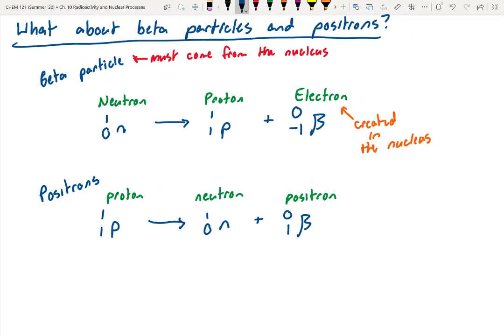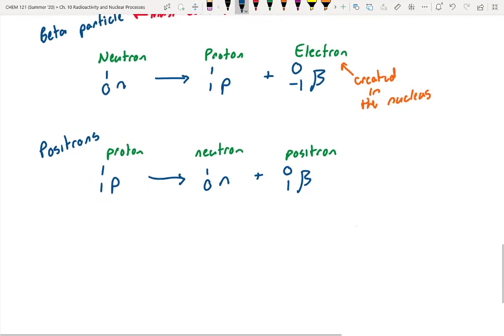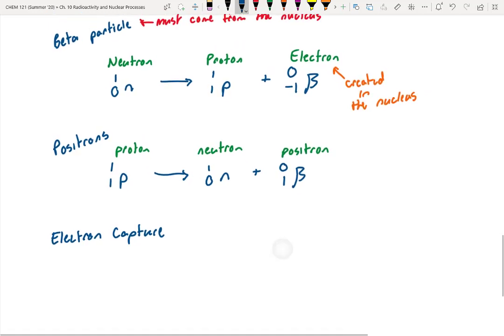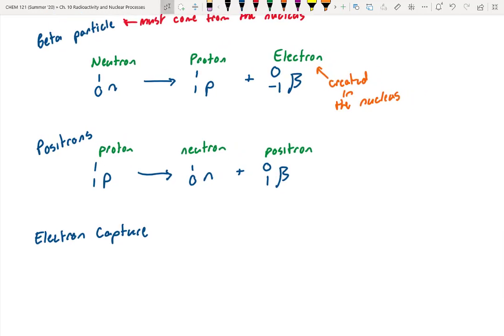All right, there's also this unique thing called electron capture, where you can do the opposite. And electron capture is essentially the formation of a beta particle, but reversed, right? So electron capture is where you take a beta particle and it slams into a proton, right?